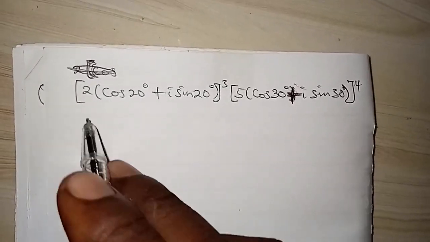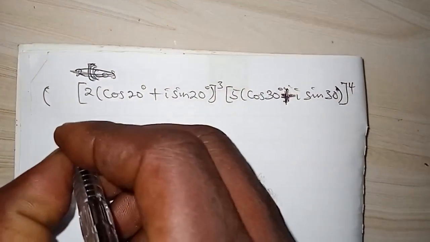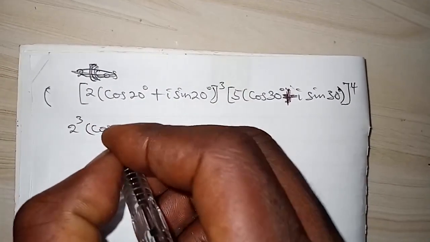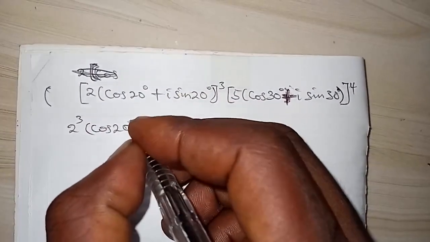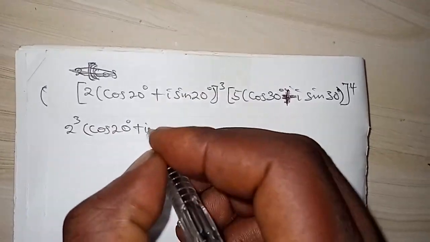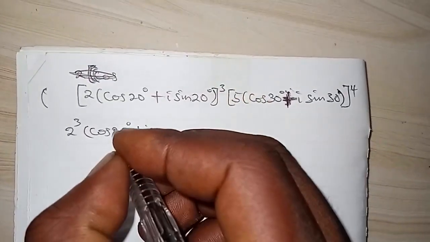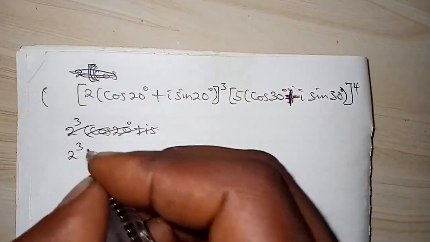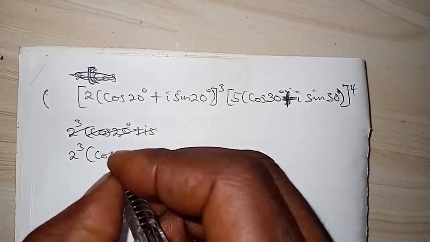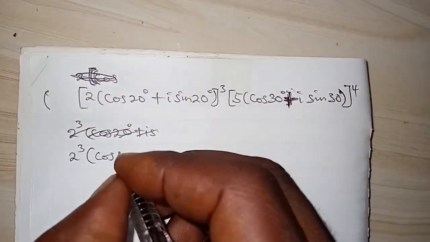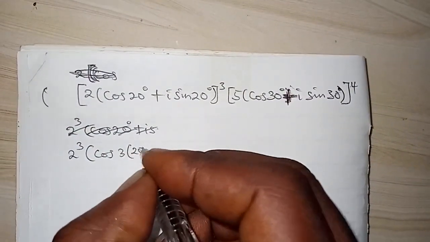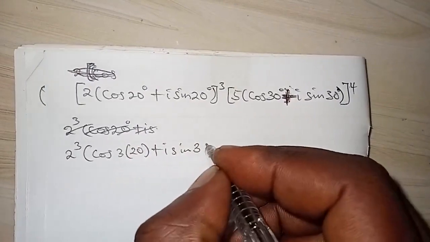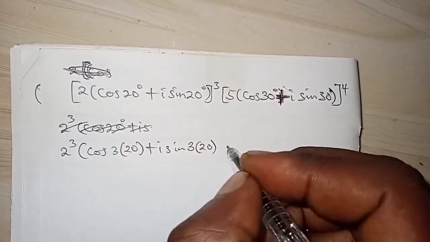What we normally do, we get 2 raised to power 3 into cos 3 times 20 plus i sine 3 times 20.